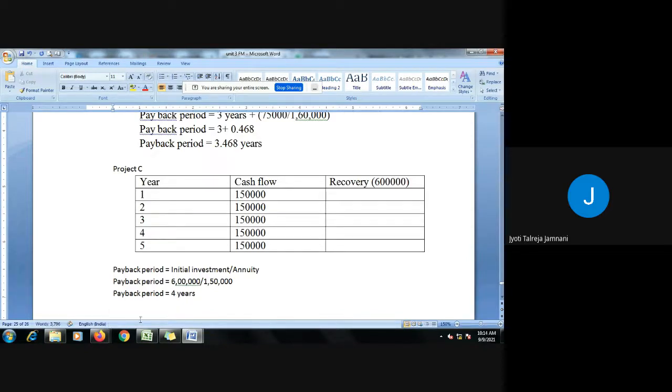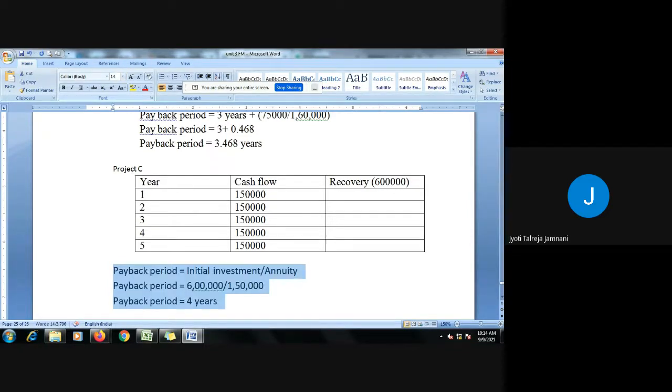This is a shortcut way if you're doing annuity. I had shown you in discounted payback period also. So 4 years is the payback period.